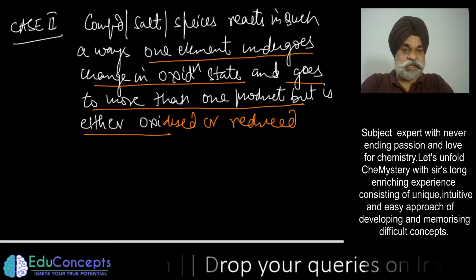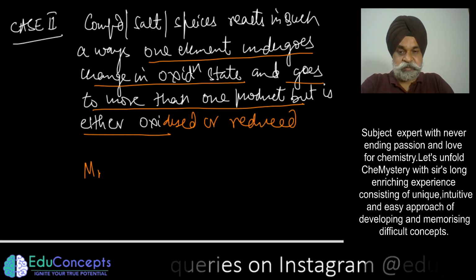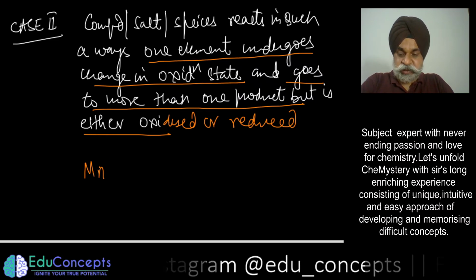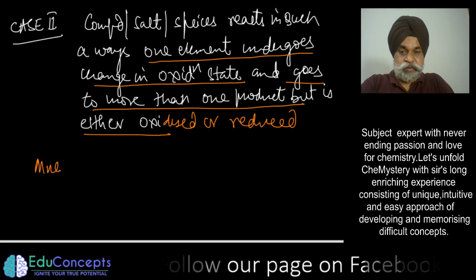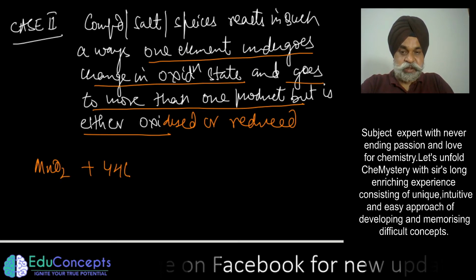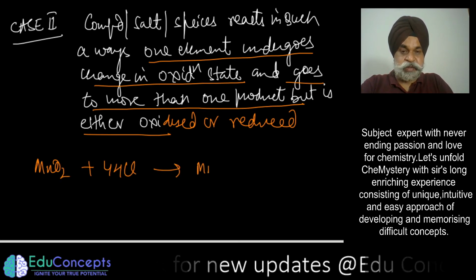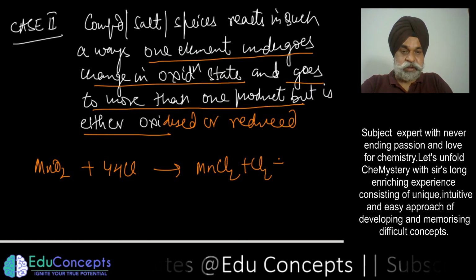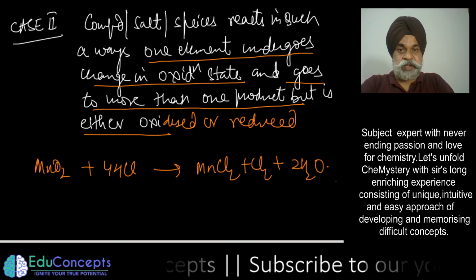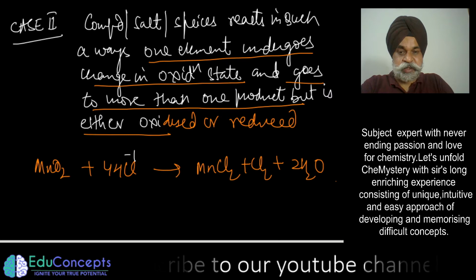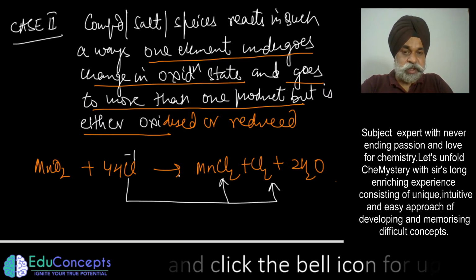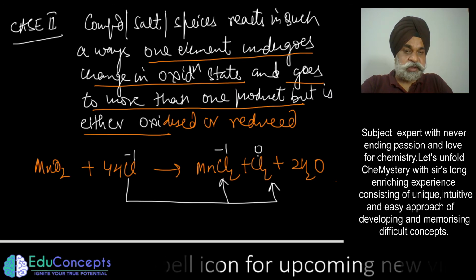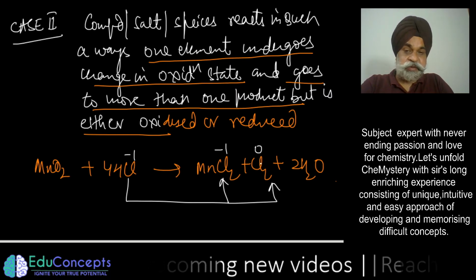This case also we have dealt with. If you could remember, I did a case where MnO2 treated with 4HCl goes to MnCl2, Cl2 and water. There I said that this Cl negative is going to two products, to this and also this. So this was the other case which we did last time.